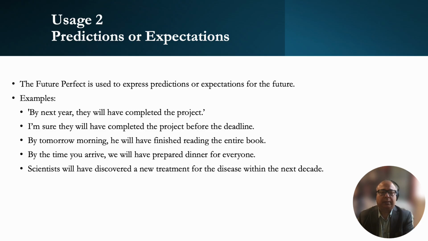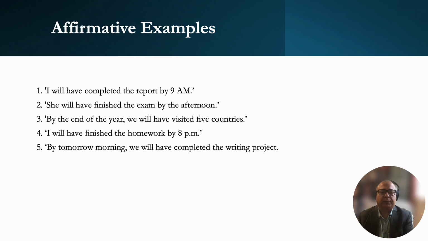All right? So this is another situation in which we use the future perfect tense. Okay, so far so good. Affirmative examples, we have done this before, the 3 types, affirmative, negative, and interrogative. I will have completed the report by 9 a.m. She will have finished the exam by the afternoon.